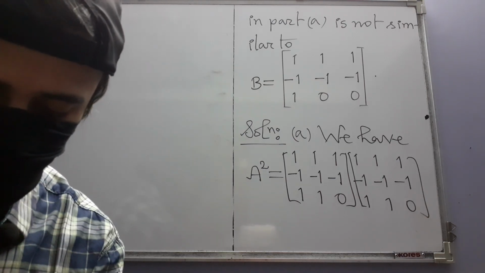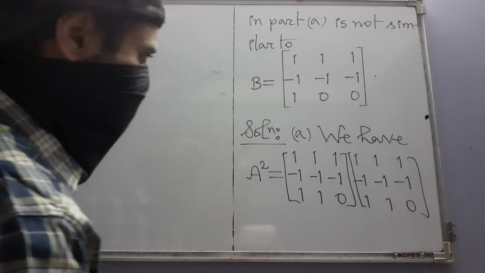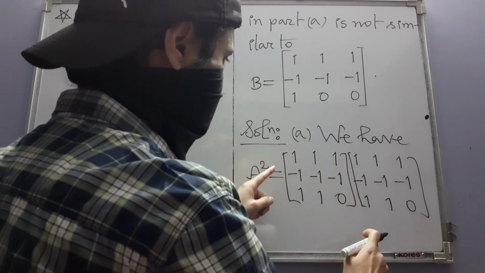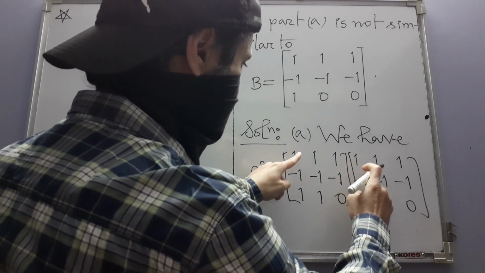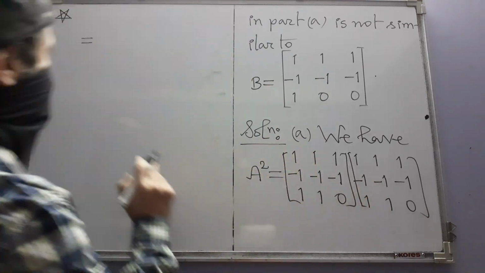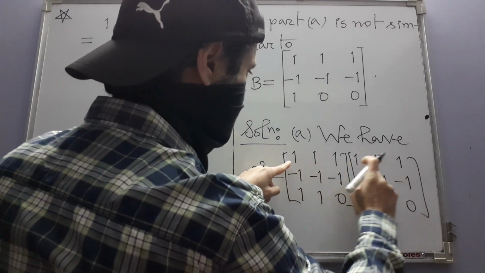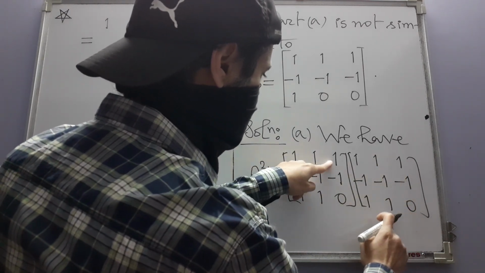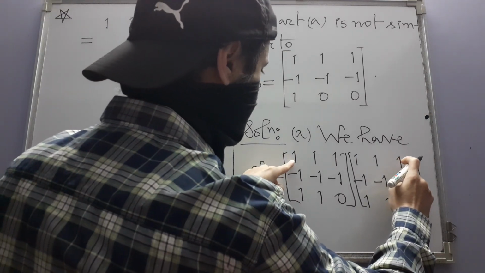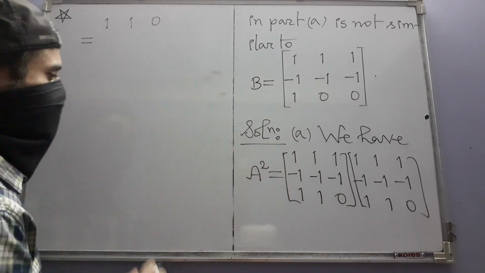Alright, so what shall we get? Let's do our usual stuff. First row times first column: 1 minus 1, so they just vanish, plus 1, that means 1. First row second column: 1 minus 1 plus 1, again 1. First row third column: 1 minus 1 they vanish, plus 0, so that means this is 0.